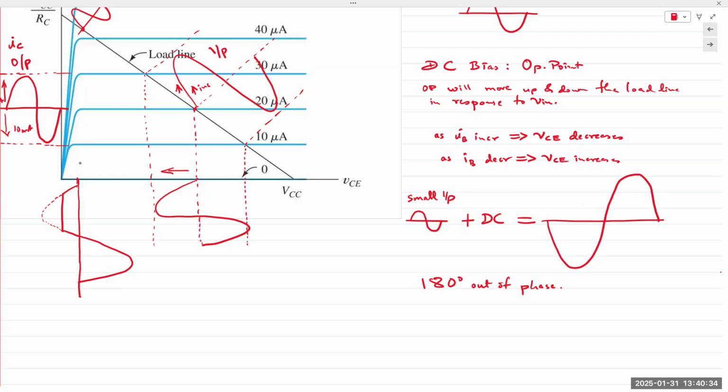If your Q point is somewhere over here and you apply an input like this, amplifier gain doesn't change, but now your positive cycle gets clipped off.